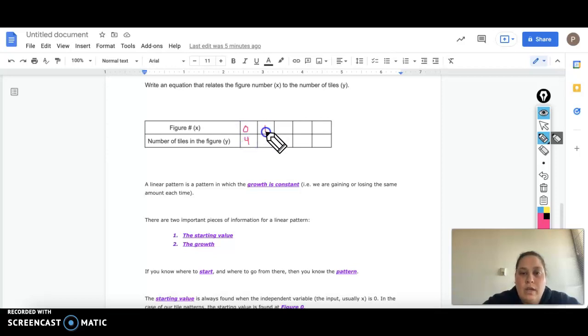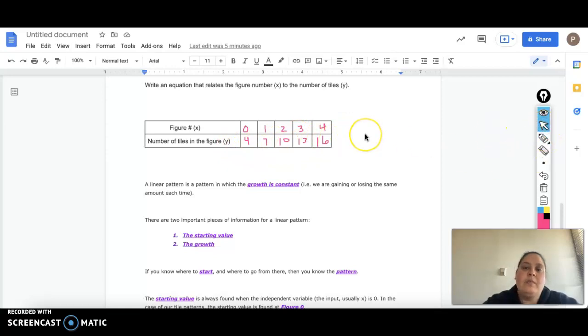For figure 1, I had 3 more, so that's 7. For figure 2, I had 3 more, so that would be 10. For figure 3, I had 3 more, so that would be 13. For figure 4, I had 3 more, which would be 16. And I can keep going and going and going. So again, I'm just writing the figure number and then how many tiles are in that figure.